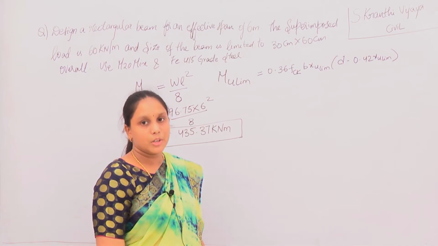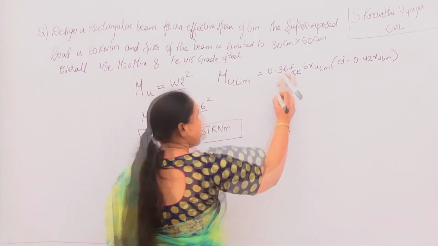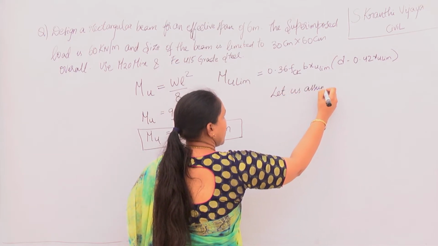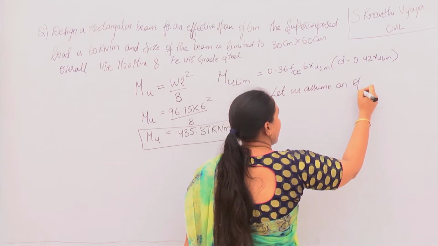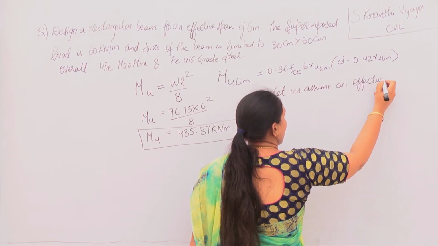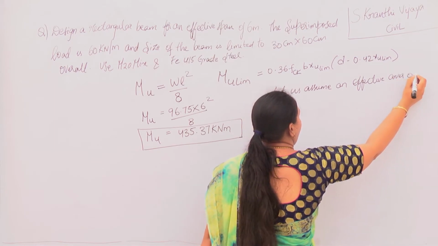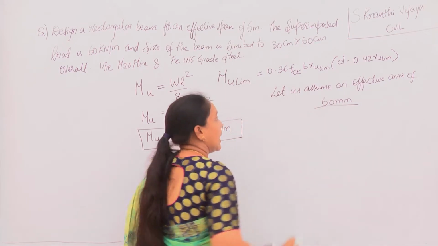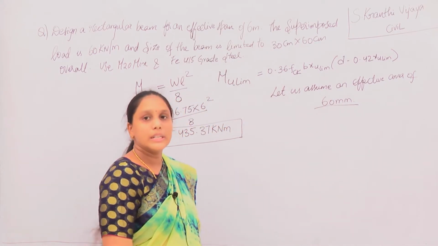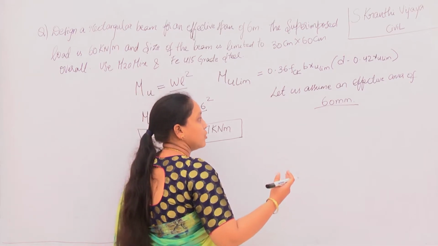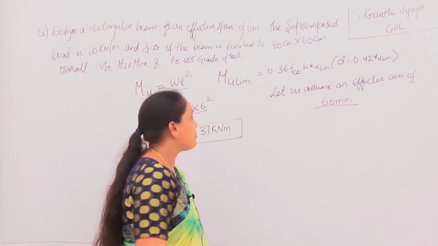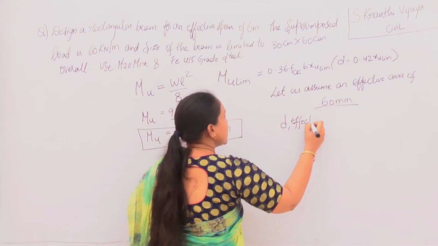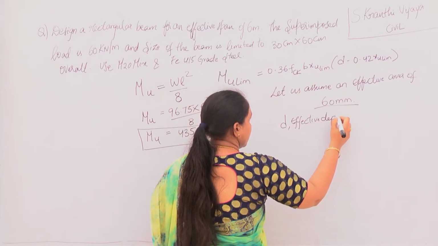For finding out the effective depth D, let us assume an effective cover of 60 mm. Here I am assuming an effective cover of 60 mm, and from this I am going to find out the effective depth D. D is nothing but the effective depth.